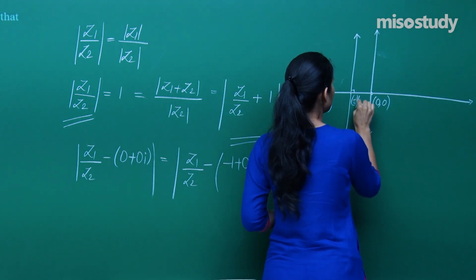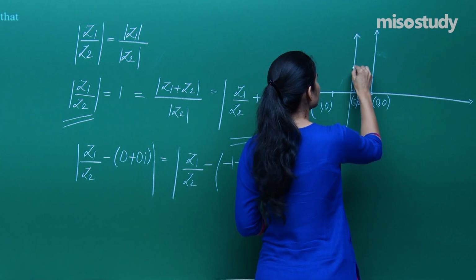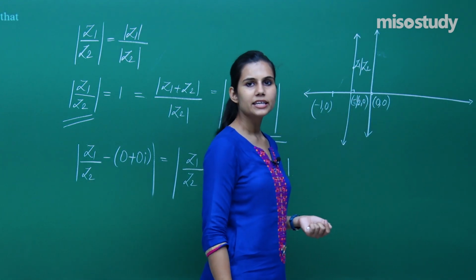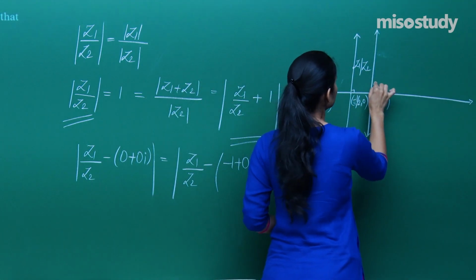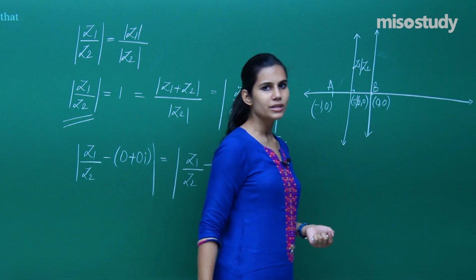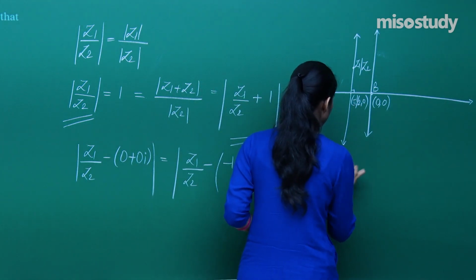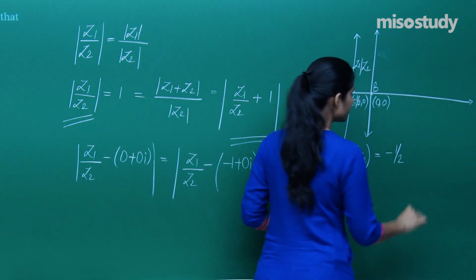Minus half comma 0. Z1 by Z2 is a complex number lying somewhere on this line. Z1 by Z2 lies on the perpendicular bisector of the line segment joining -1, 0 and 0, 0. That means real part of Z1 by Z2 for sure is -half.